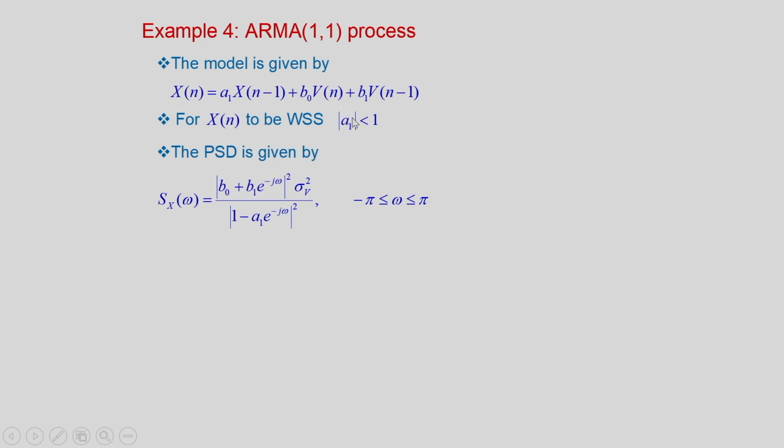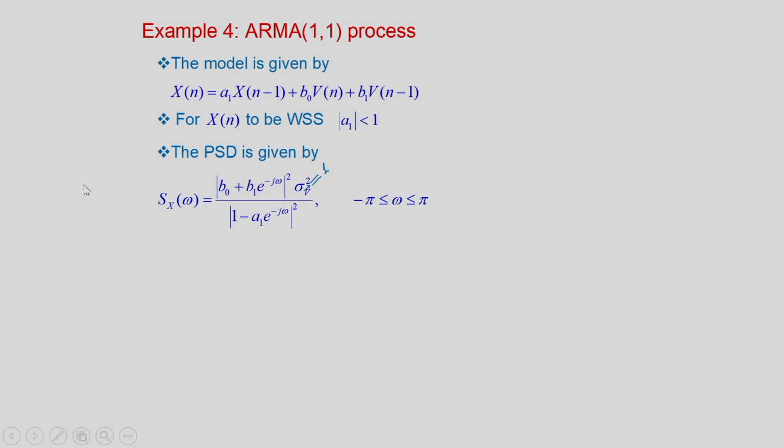So, mod of a1 should be less than 1 for wide-sense stationarity of x n, and the PSD will again be given by this expression, but here sigma v square we have already taken equal to 1. So, that way this sigma v square will be equal to 1.